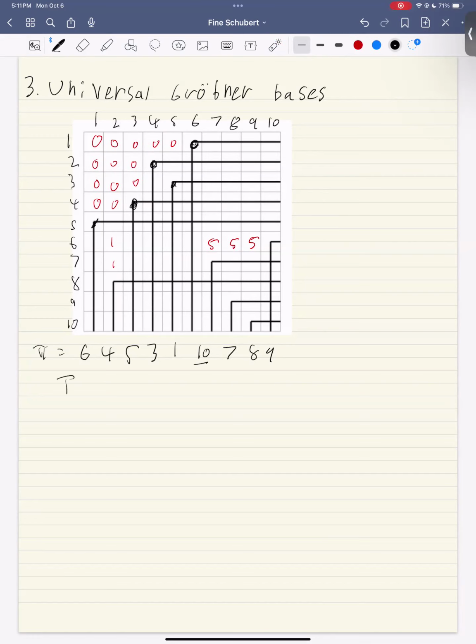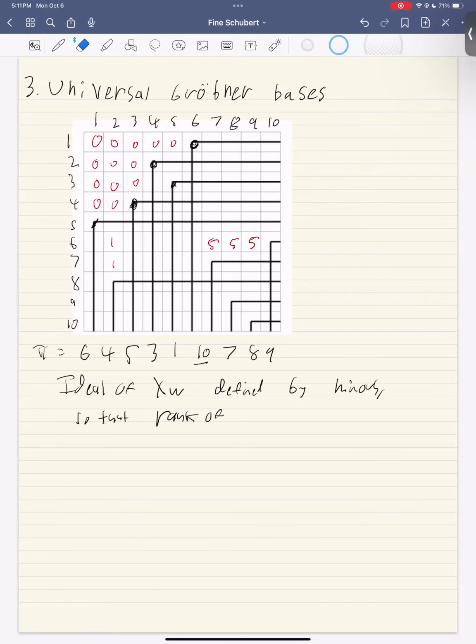So the ideal of XW is defined by minors of this matrix, so that the ranks are bounded by the numbers in red.